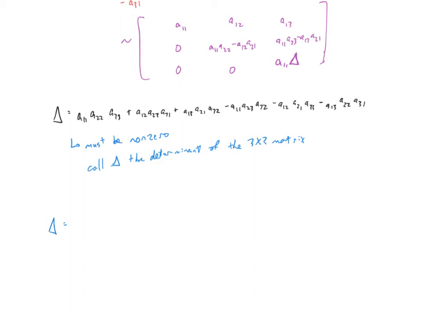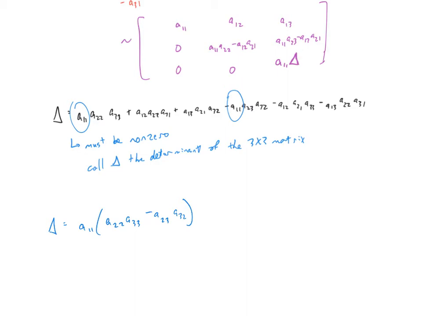What I'm going to do is start with my A11 terms, and I want to group them together and factor. A11 times the remaining terms in that, A22, A33, minus A23, A32. So that's our first grouping. And then we're going to group the next term a little bit differently.